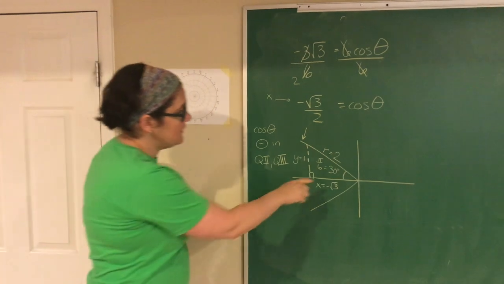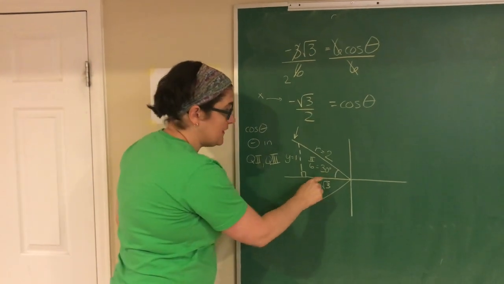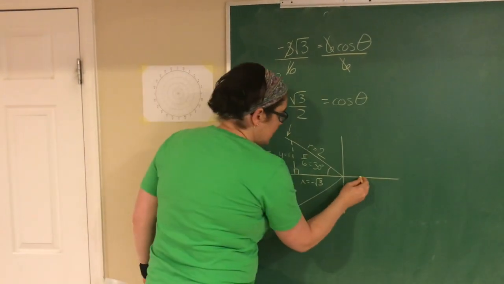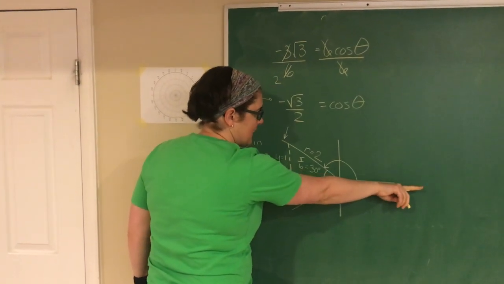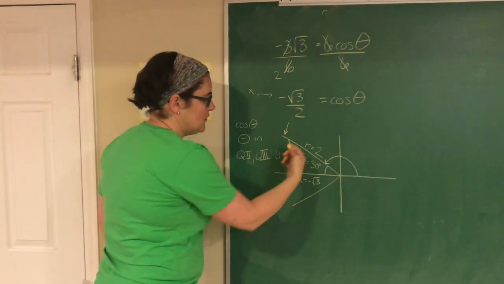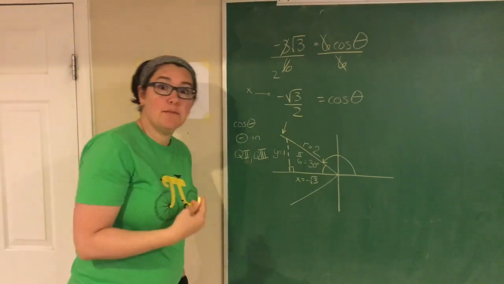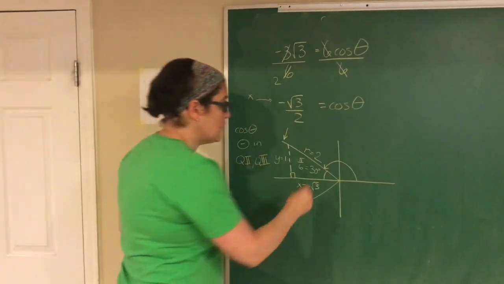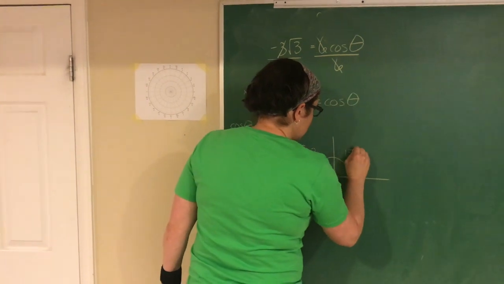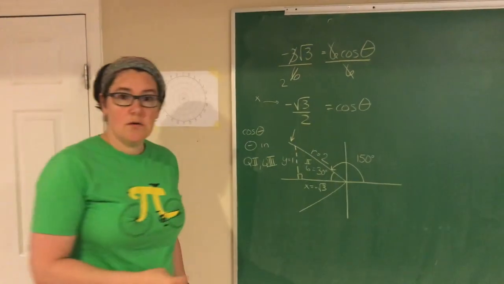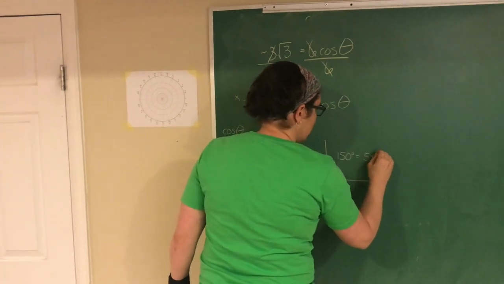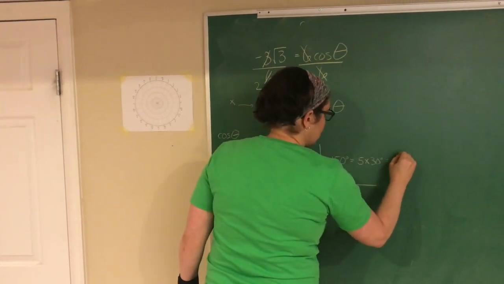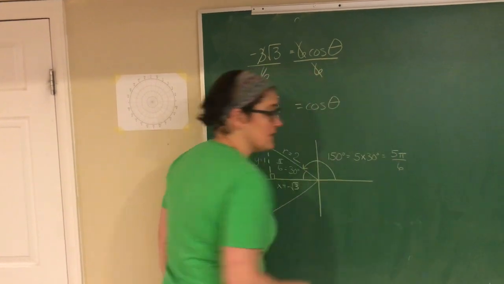And if I know that this reference angle is pi over 6, then what I need to think about is, what is this angle that starts on the positive x-axis and swings over to our terminal side? The reference angle is 30 degrees, so our angle here is 150 degrees, which if I turn that into radians, that's 5 30-degree measurements, so this becomes 5 pi over 6.